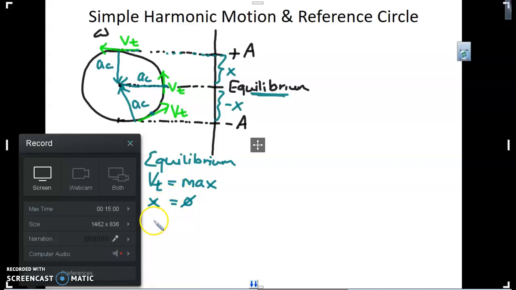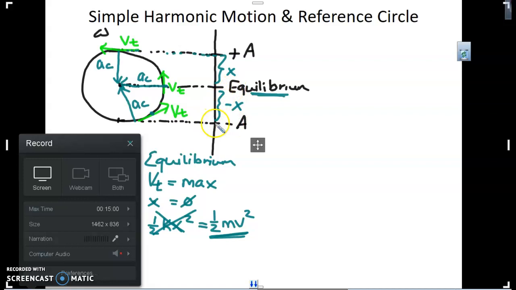The last thing I want you to take a look at is that if this were a spring, we wouldn't have any spring energy. It's been transferred all to kinetic energy at this point. So if we translate this idea to a spring, there's no spring energy here. It's all velocity at equilibrium.